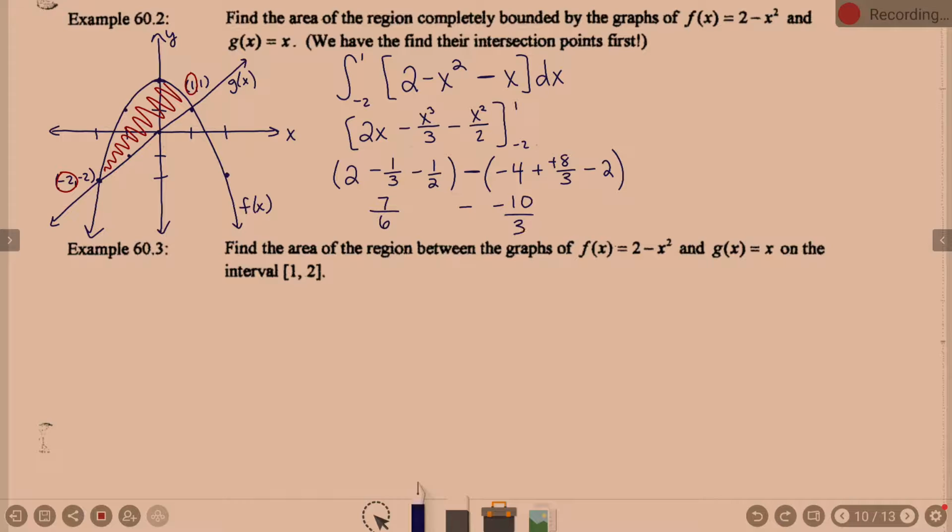Is it -10/3? So now I have 7/6 minus -10/3. So 7/6 plus 20/6. And I'm going to say 27/6. Barring I didn't make any killer mistakes here.